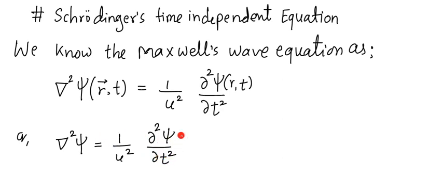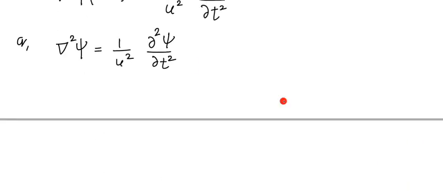Keep in mind that this wave function is the function of r and t, where r is the space coordinate and t is the time. Let us consider this as equation number 1.